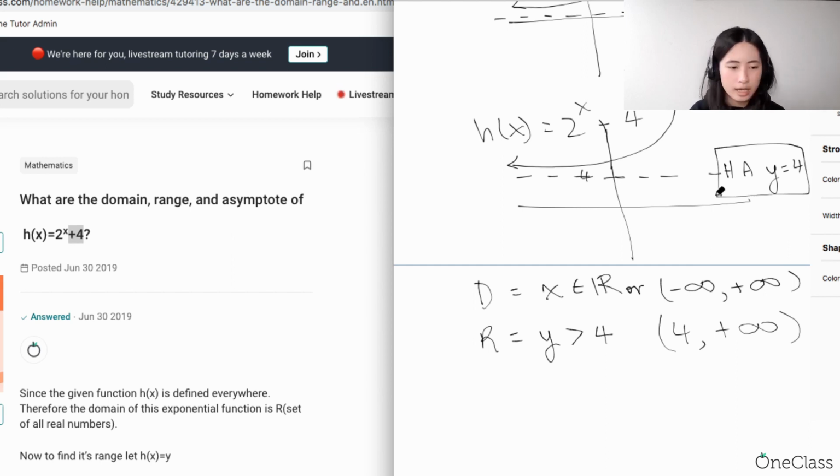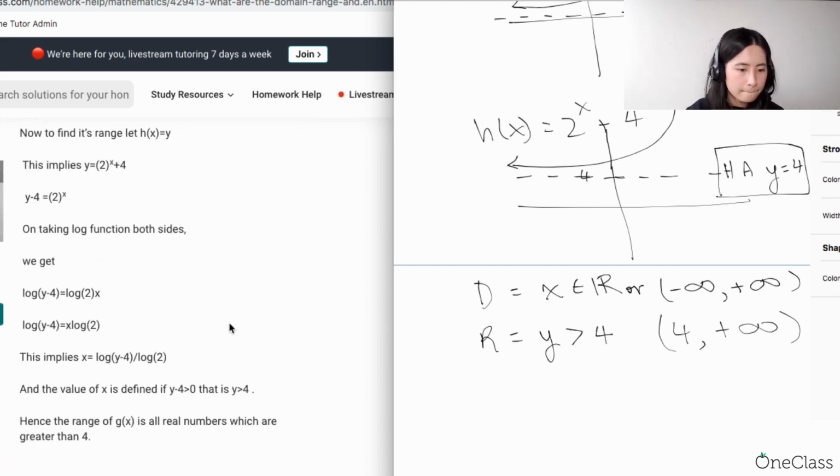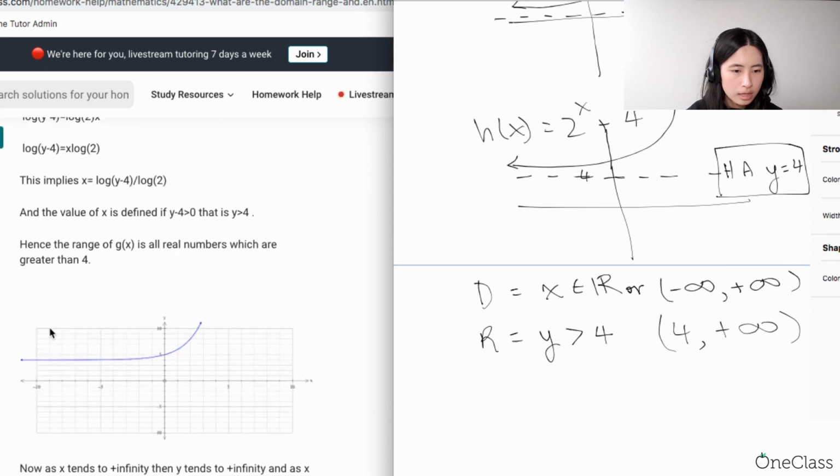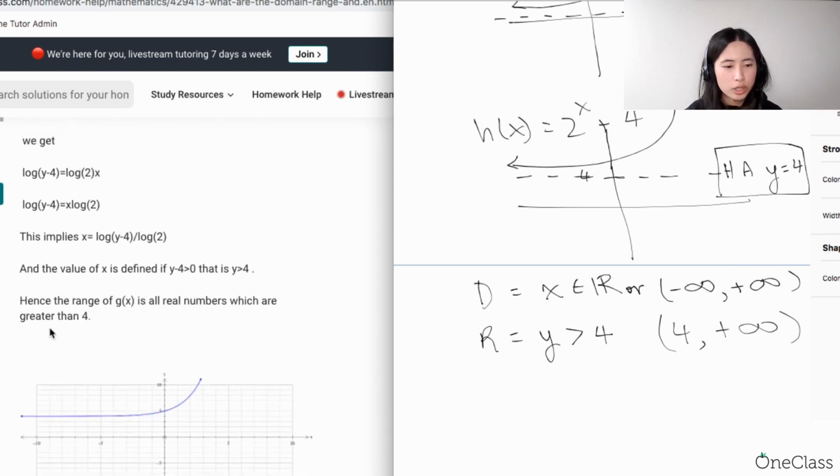So let's see what they wrote. Okay, I don't think we need to take the log here, but let's see what they're trying to do. Personally, I wouldn't take the log because I think it's just time consuming. I think you need to understand your parent function and then look at your transformed function, and that way you observe what's happening to your transformation.